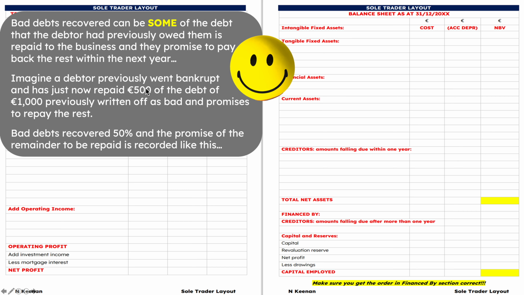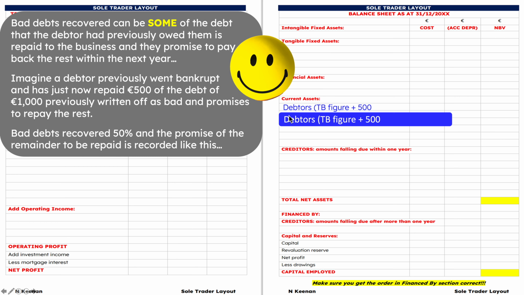So imagine a debtor previously went bankrupt and has just now repaid €500 of the debt of €1,000 previously written off as bad, and promises to repay the rest. So bad debts recovered 50%, and the promise of the remainder to be repaid, is recorded like this.